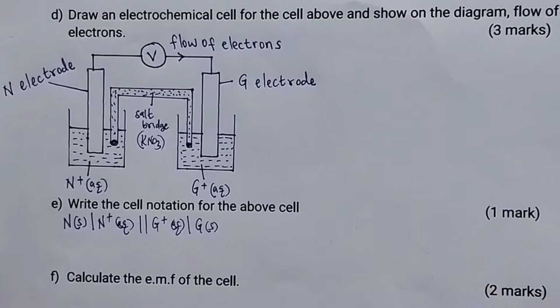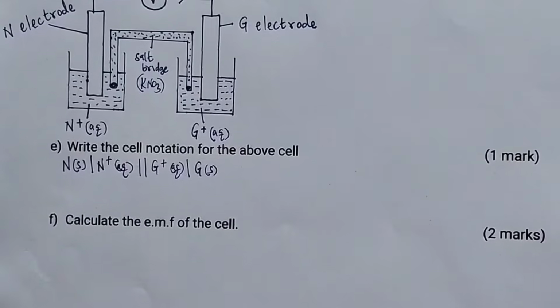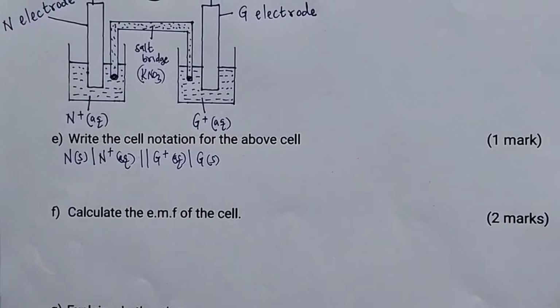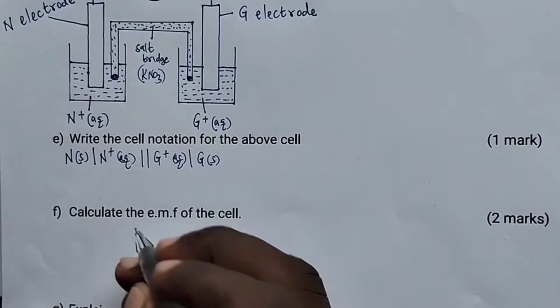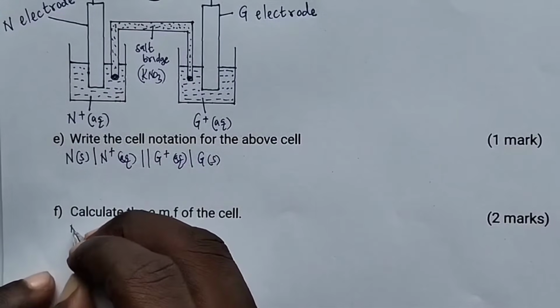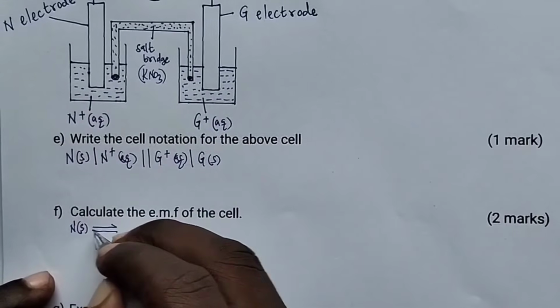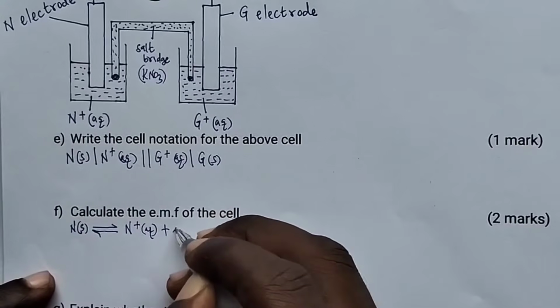Then next we are told to calculate the EMF of the cell. We are still dealing with the two cells of N and G. We can do this calculation in two ways. The first way, remember we know N is the reducing agent, so we can write its equation. When it is reversed, we are going to reverse it, so this is how it is going to be: aqueous plus electron.